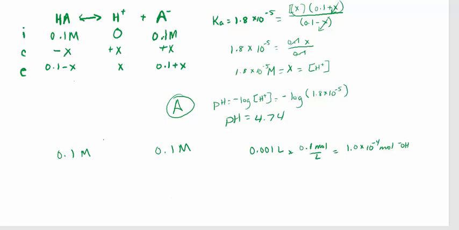So here I'm going to have 0.01 moles of my acid, and I will have 0.01 moles of my conjugate base. Now when I add my strong base, I'm going to remove some of this weak acid. When I remove from the weak acid side, I'm actually adding to the acetate side.